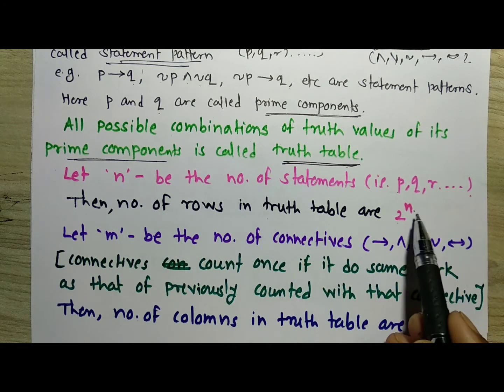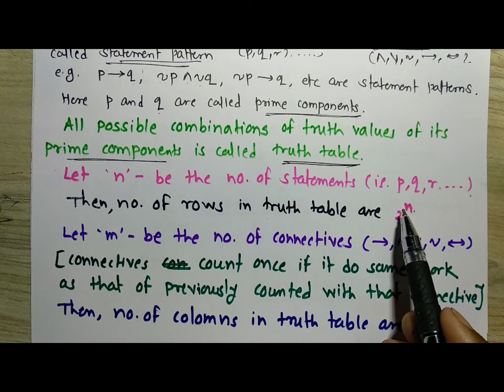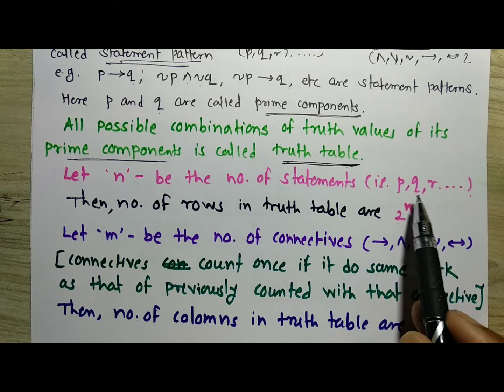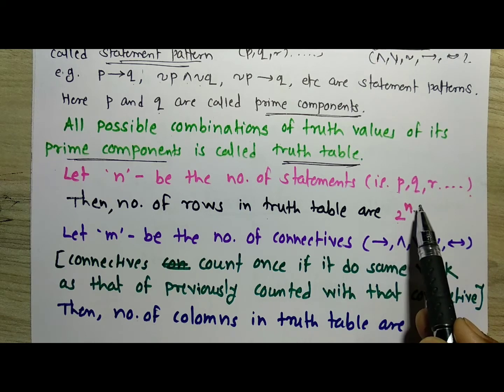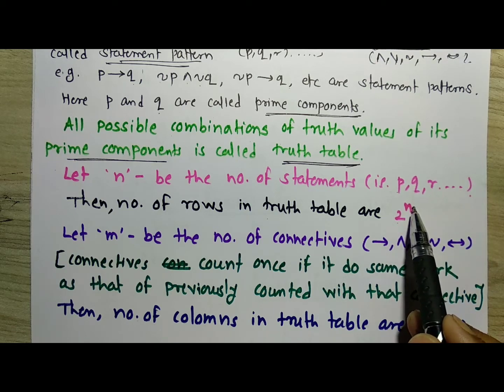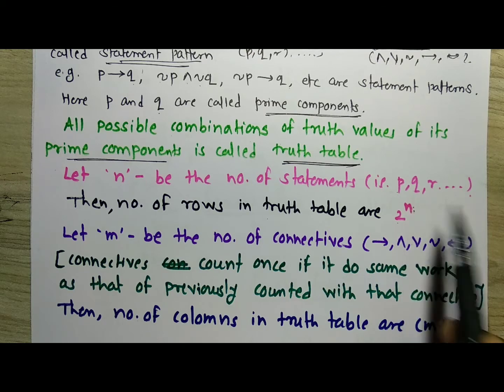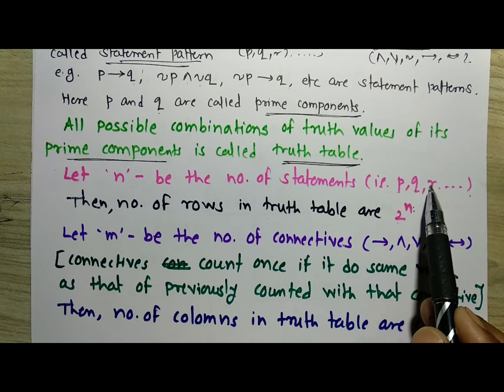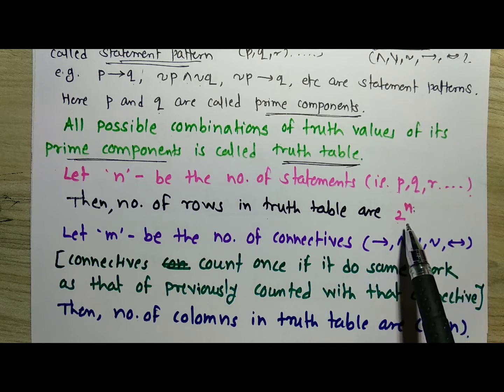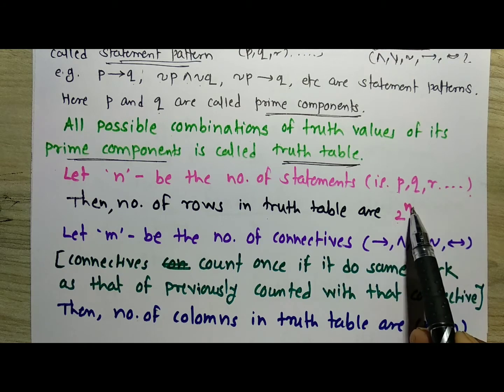If our statement pattern consists of two statements, P and Q, then 2 raised to 2 gives 4 rows. If it consists of P, Q, R, three statements, then n is equal to 3, and 2 raised to 3 gives 8 rows.